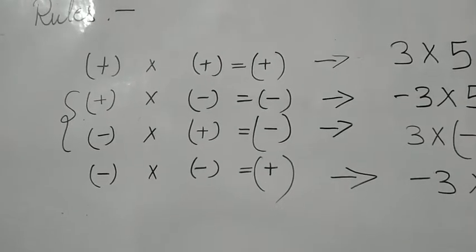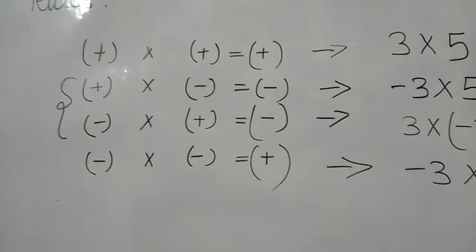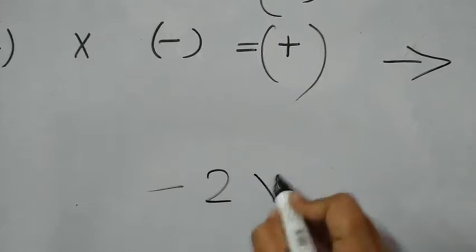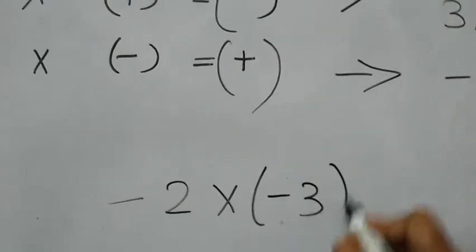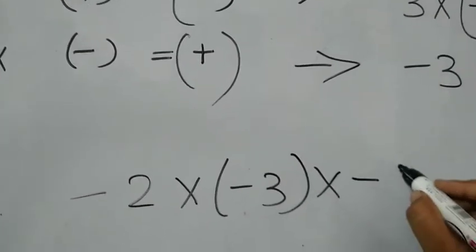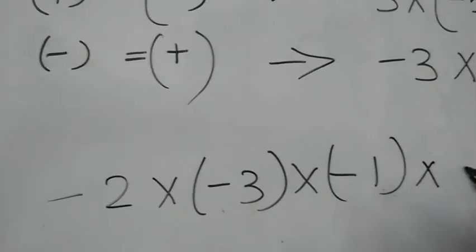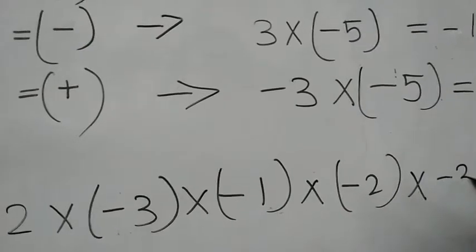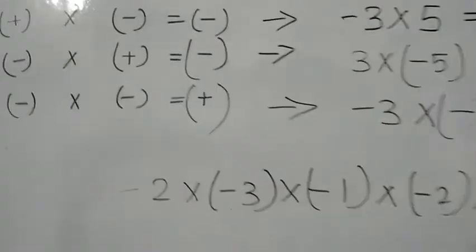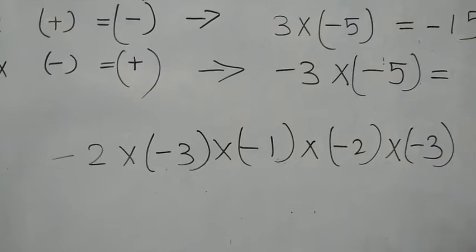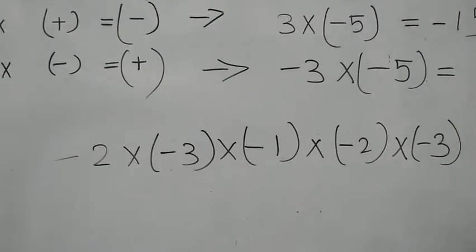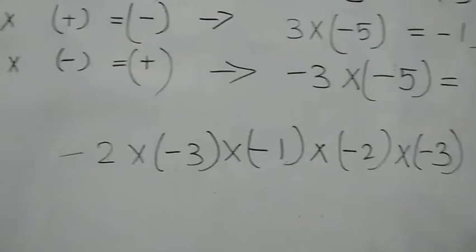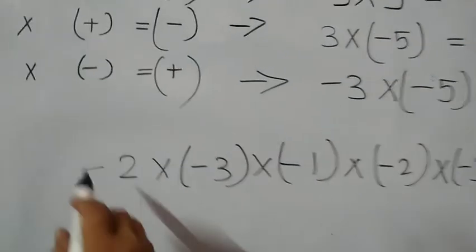Now students, suppose we have a very long question like minus 2 into minus 3 into minus 1 into minus 2 into minus 3, and the examiner asks just tell whether the answer is positive or negative. Then what you have to do, you have to just count the negative signs.